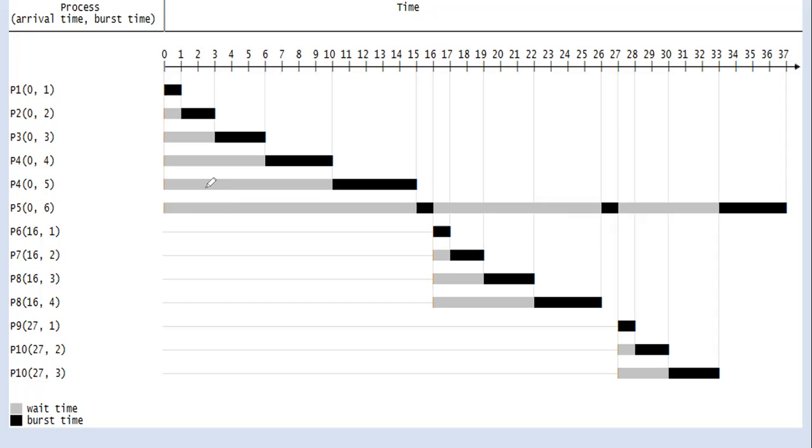Like these are times for waiting. However, there are processes without waiting, like process P1. There is no waiting time here. Even this process has no waiting time. This process here has no waiting time. So that's how we use the Gantt chart to represent and to calculate the various times for processes.